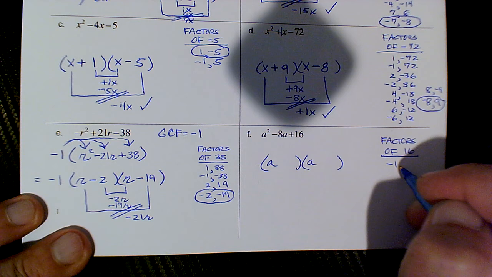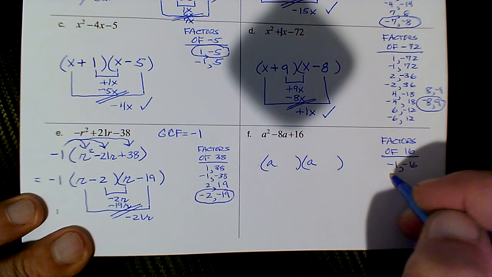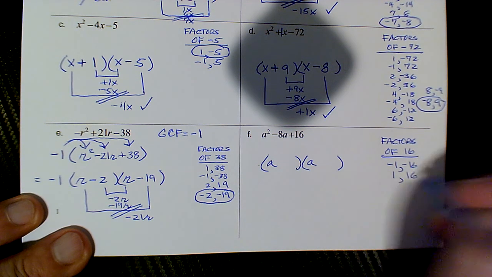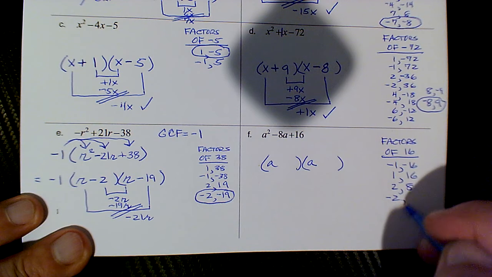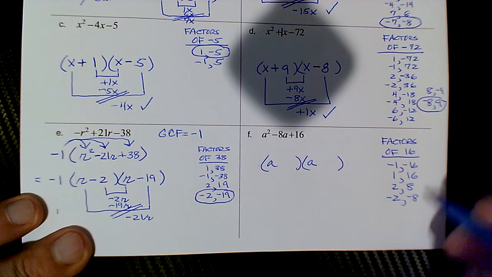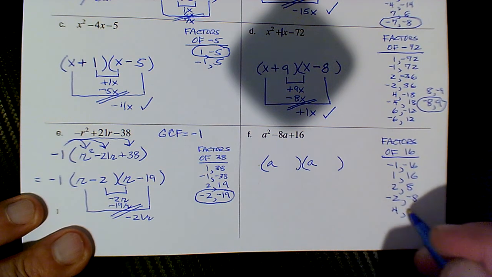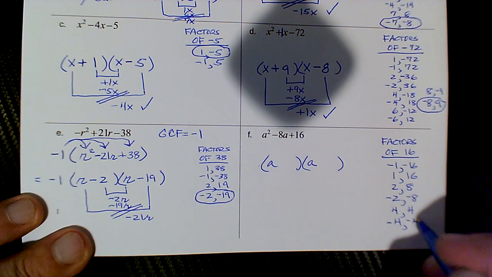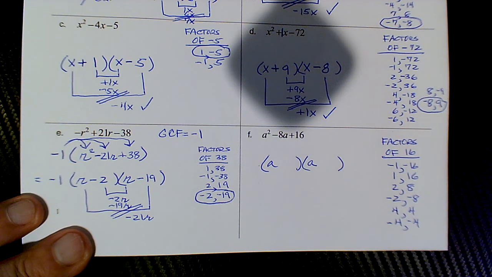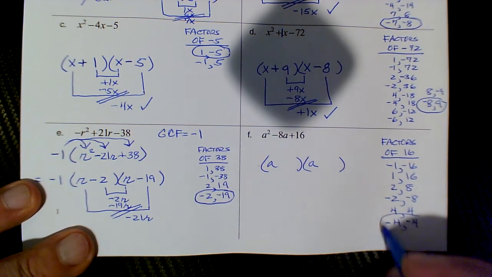Should be a negative 1, negative 16, positive 1, positive 16, 2 and 8, negative 2, negative 8, and finally 4 and 4, and negative 4, negative 4. And then we're looking for the pair that combines to give negative 8, and that's 4 and negative 4.